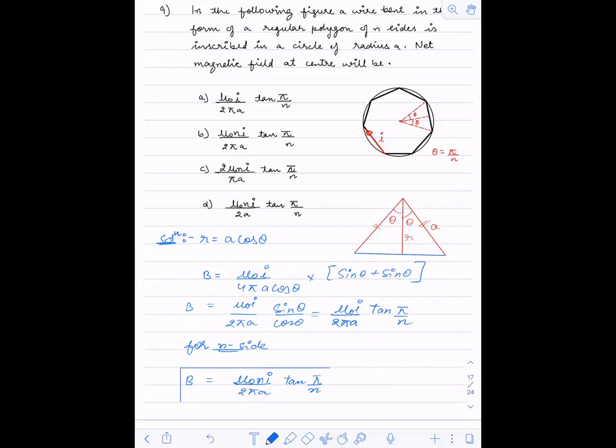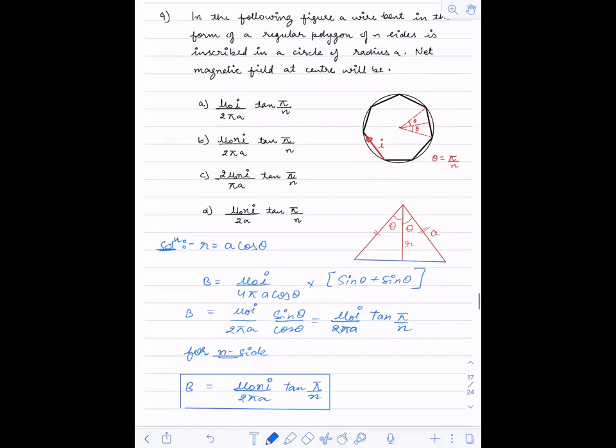This is what you have. Is it okay? So option B is correct over here. Did you understand this sum?